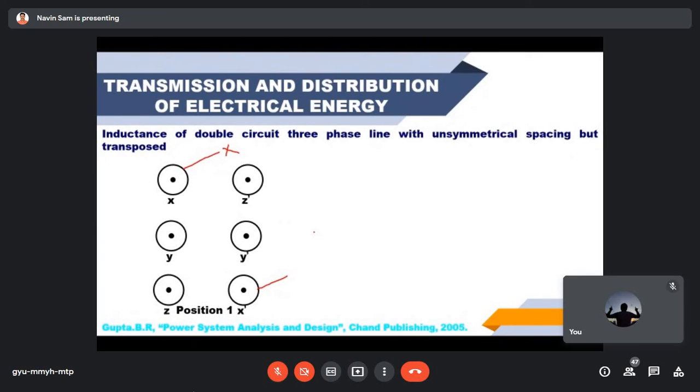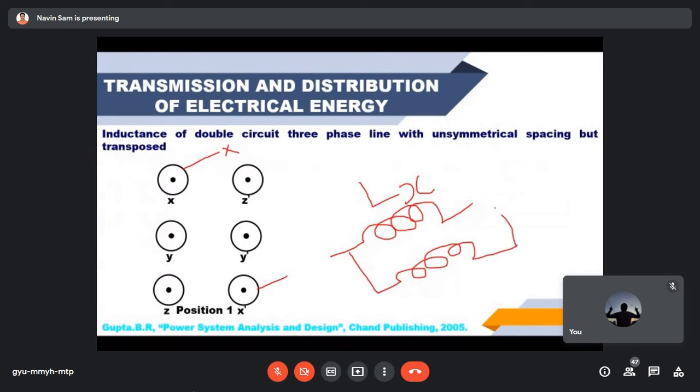Let me assume that Lx is the inductance of conductor X. Conductor X and X dash are connected in parallel, with an identical structure, and the conductor is also similar. So if I assume the conductor X inductance as Lx, X dash will also be Lx. These two are connected in parallel. Can anybody say what is the equivalent inductance per phase conductor? Lx by 2, sir. Lx divided by 2.